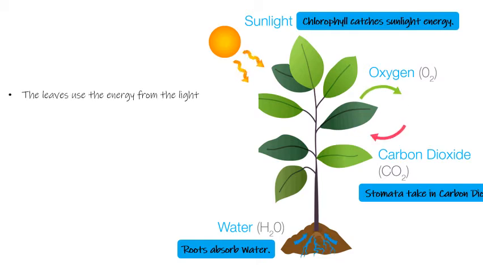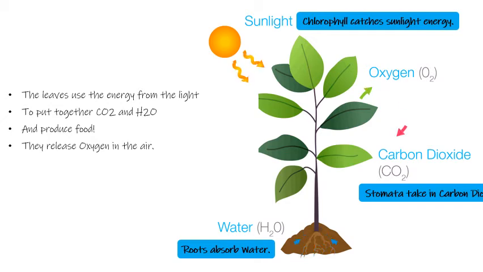Okay? The leaves use the energy from the light. This energy helps the plants to put together CO2 and H2O, which are the carbon dioxide and water. And this energy will help the plant cook and produce the food that it needs.